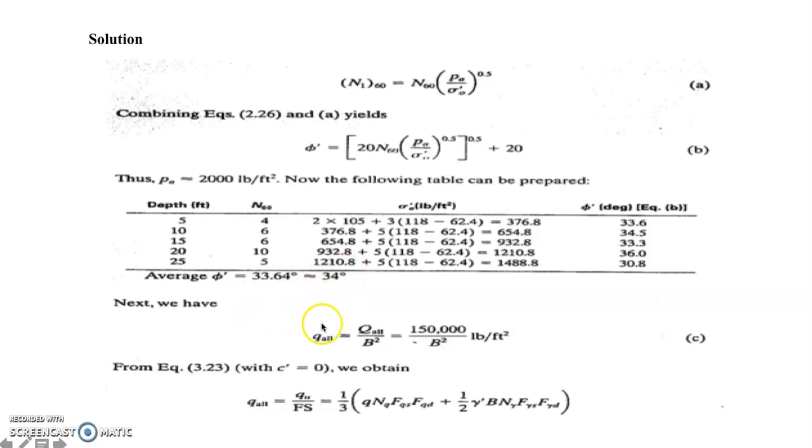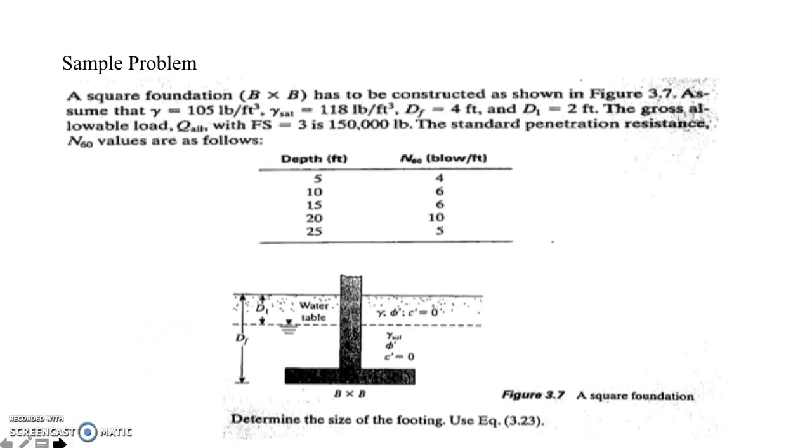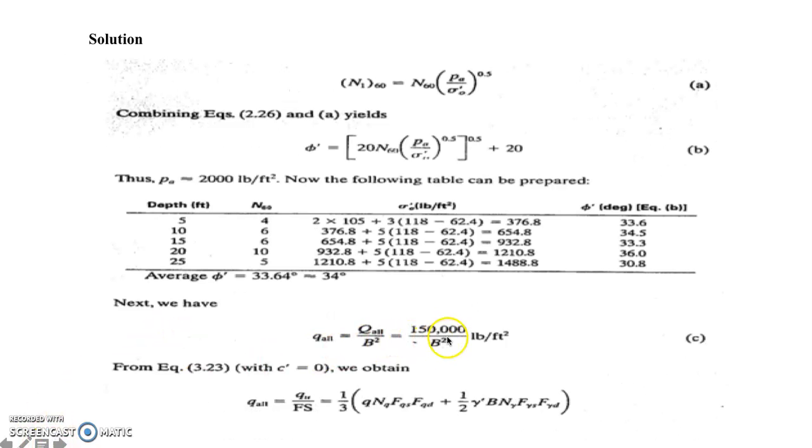From there, you can now compute the allowable bearing capacity, which is equal to our gross allowable load, 150,000 over B squared. The B squared refers to the area. From that, you substitute into this equation: the allowable is equal to Q sub U over the factor of safety, and you use this equation.